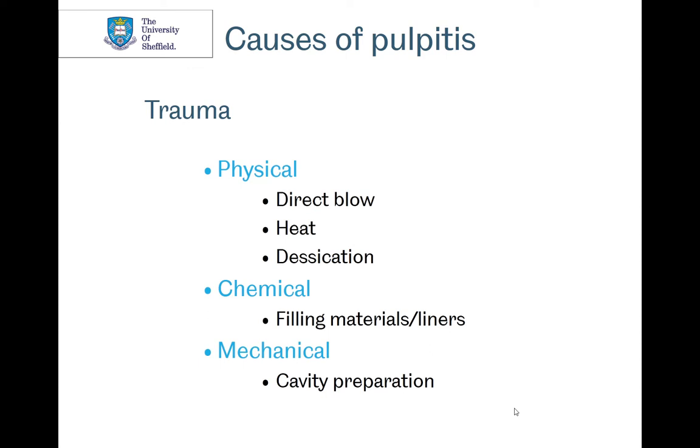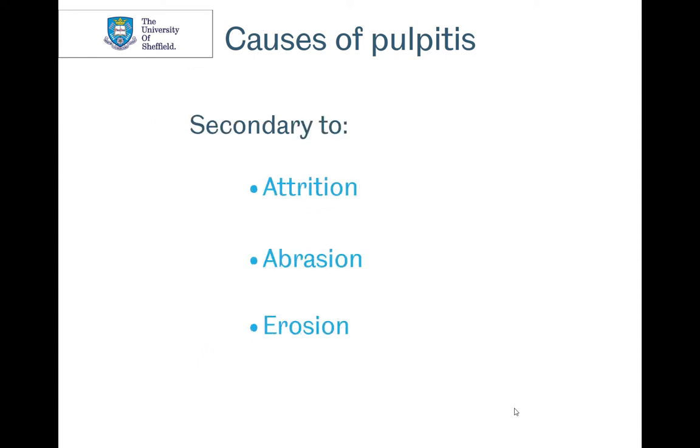And then, of course, mechanically, if you actually just drop physically into the pulp, that really is essentially a direct blow. So in cavity prep, you can, again, cause pulpitis. Others are secondary to non-carious tooth loss: attrition, abrasion, erosion. They are all going to reduce the amount of tooth substance which protects the pulp, and you can get pulpitis as a result of that.